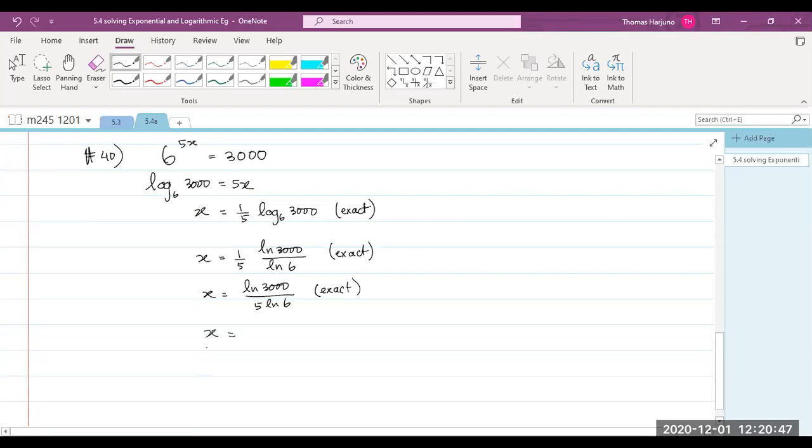I get 0.89369, which I think is not really right. Oh yeah, that's right. That's okay. This is the approximate solution.